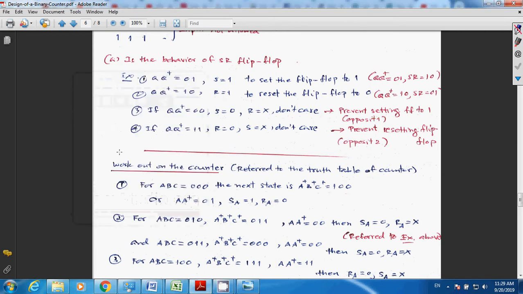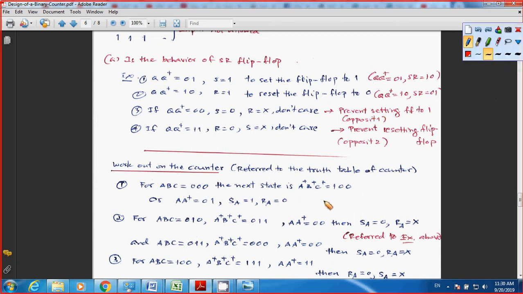Okay, now we work on the counters. Refer to the truth table of the counter that we have above. Let's take a look at the state ABC equal to 0, 0, 0. And we know the next state is what? 1, 0, 0, right? According to the state graph. That means your A A plus is the state 0, 1.